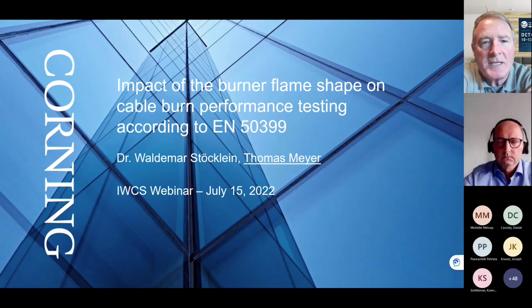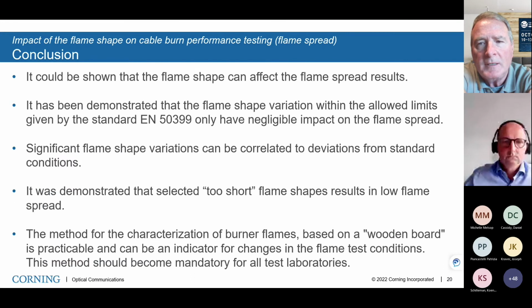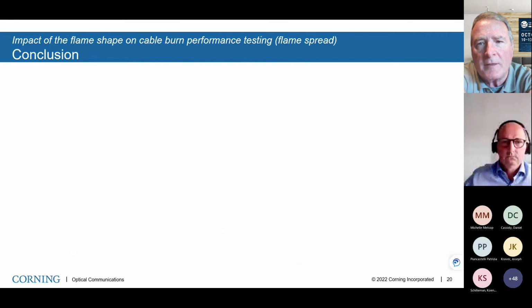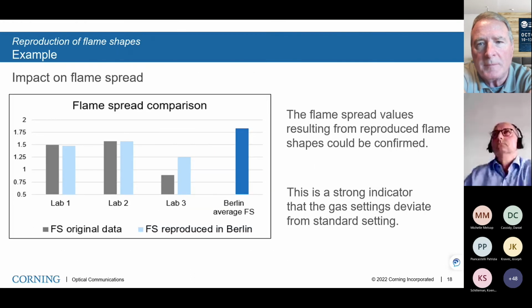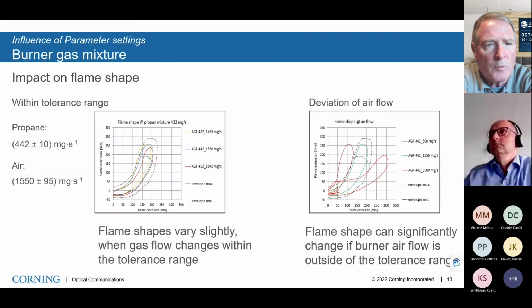In slide 13, if you want to go to slide 13, it was hard to see the difference between the two red lines, 500 milligrams per second and 3,500 milligrams per second. Can you please describe which was which?